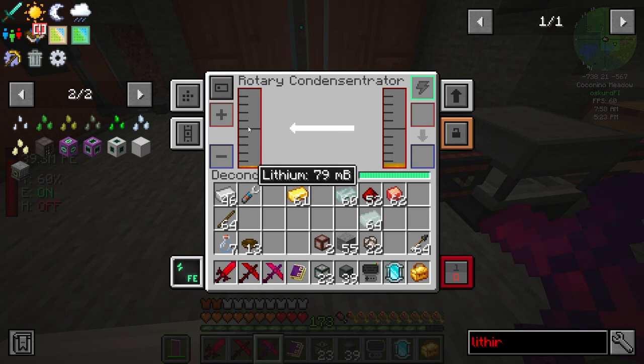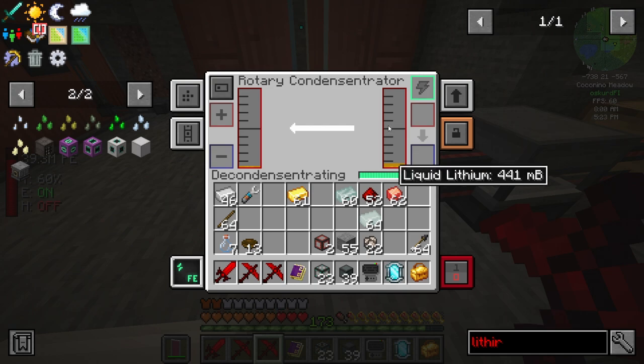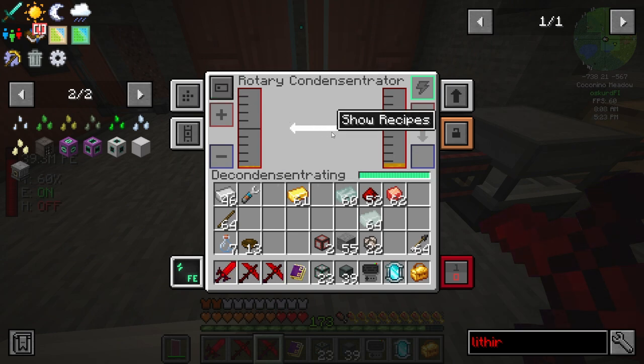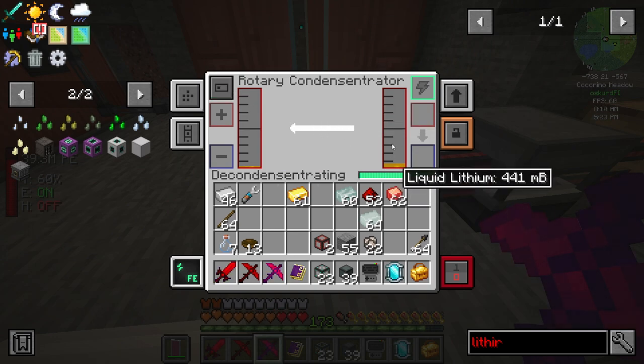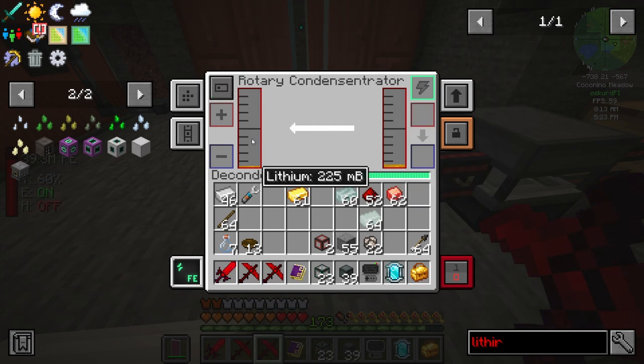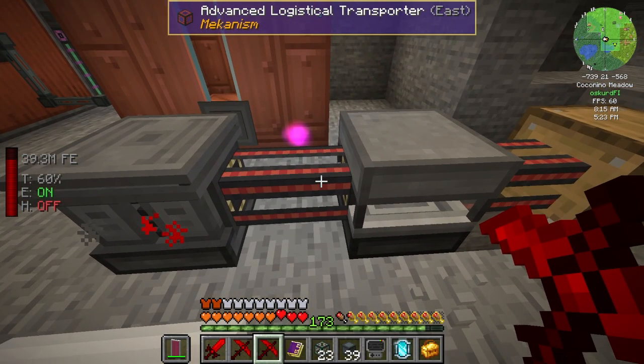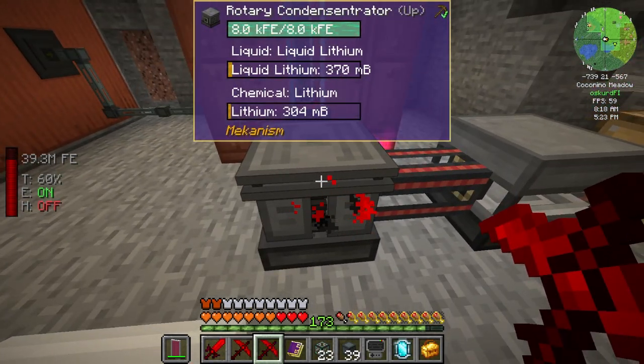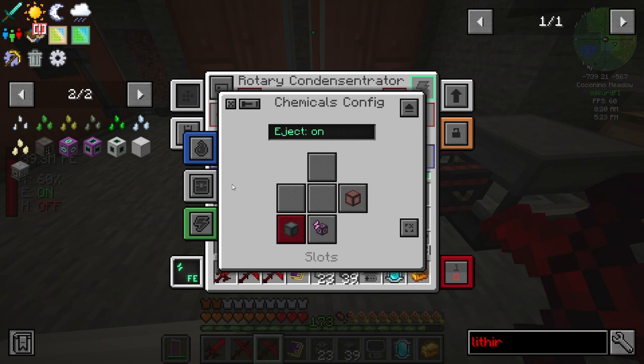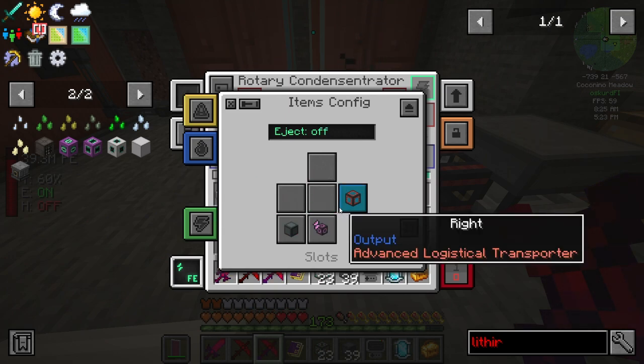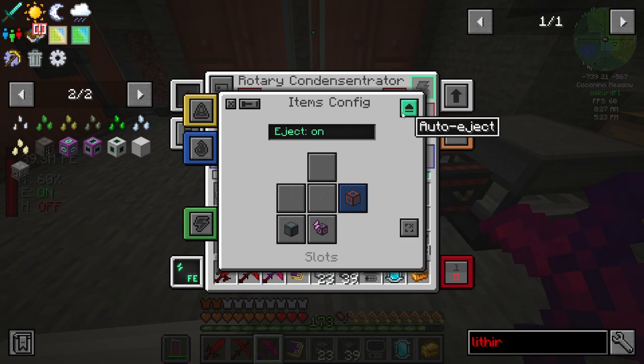Oh, okay. Now we are cooking. So we need to choose here, is it concentrator or deconcentrator? Now we are making lithium, but I think our outputs are wrong again. Auto eject on.